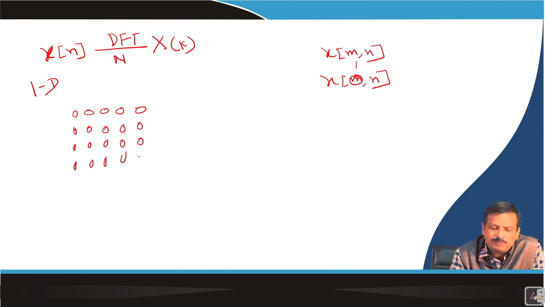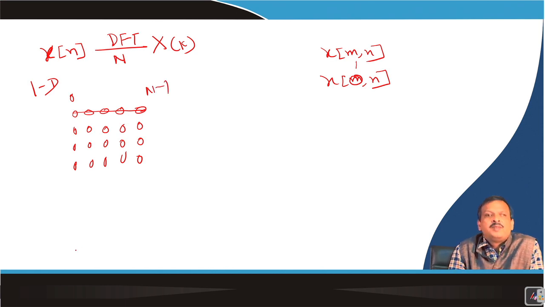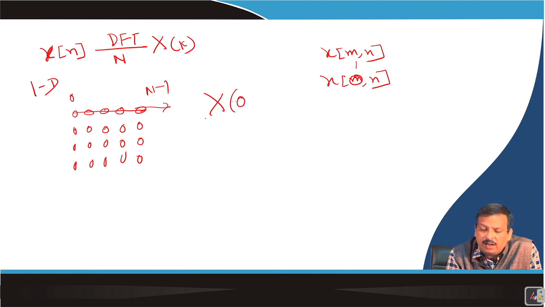Okay, so this is a spatial image. I first take those samples, let us say varying from 0 to n minus 1, and do the DFT. So what should my DFT be? I will get an x of k for every m.